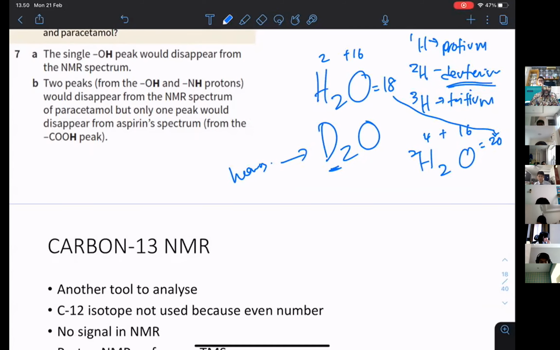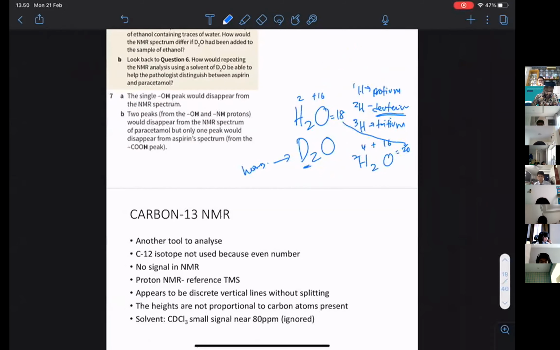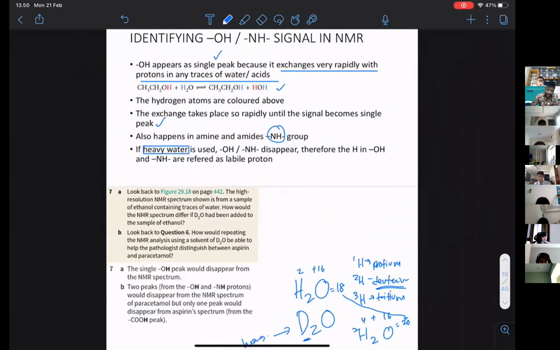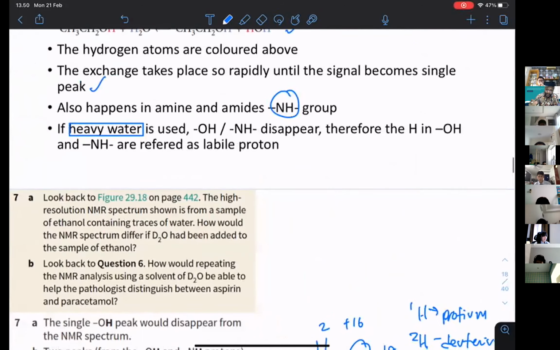Now, Ryan, now you know what heavy water is. Can you explain why if you use heavy water, the peak will disappear? Or maybe someone help. Audrey?